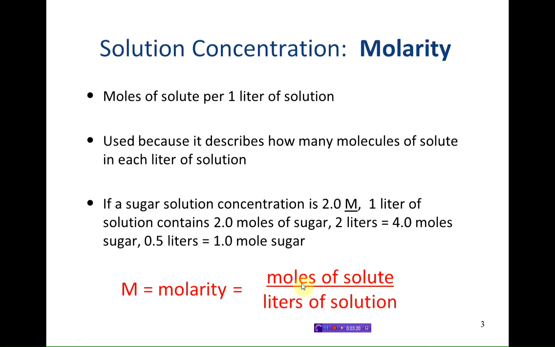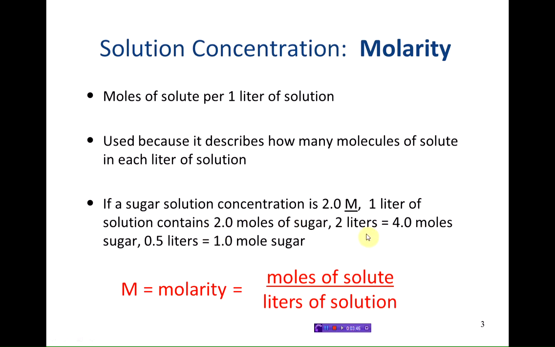So our first one that we want to talk about is molarity. Molarity is the moles of solute per liter of solution. This is used because it describes how many molecules of solute are in each liter of solution, and it is a very common unit of concentration that chemists use. So for example, if a sugar solution is 2 molar, 1 liter of solution contains 2 moles of sugar.